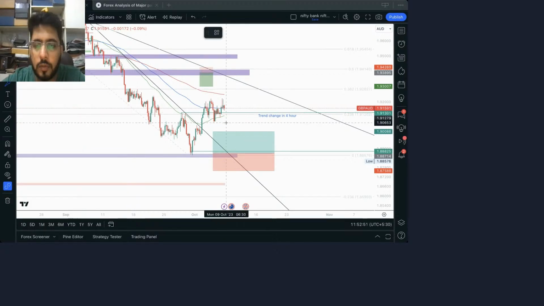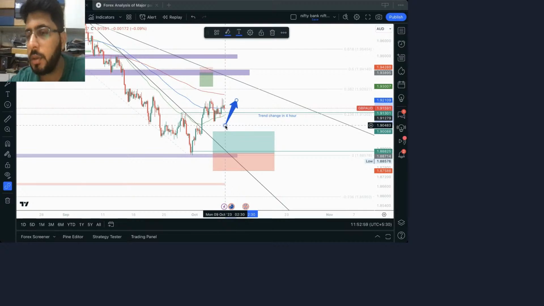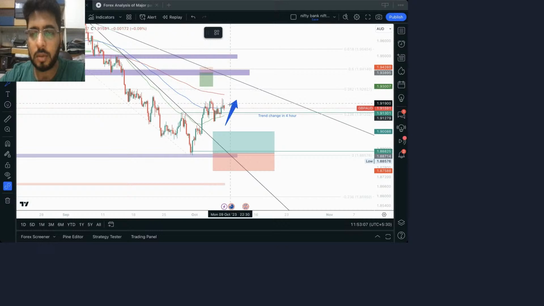It can go from there to there. It can come to this level, 1.90500, and then it can go like this, or from here itself it can go like this, then it can come down from this zone of interest to this.